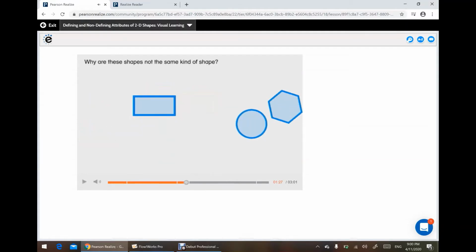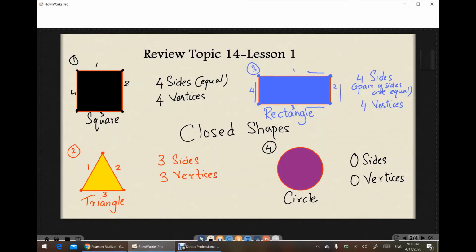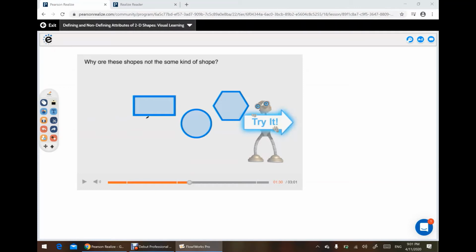Why are these shapes not the same kind of shape? Can you tell me why these shapes are not same kind? Because here, this one is a rectangle, right?